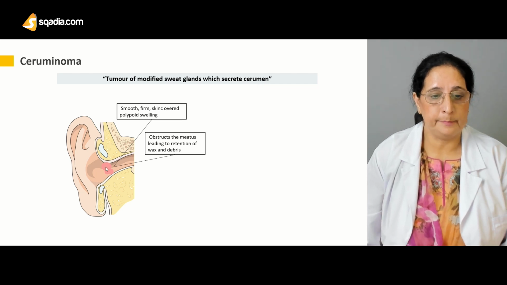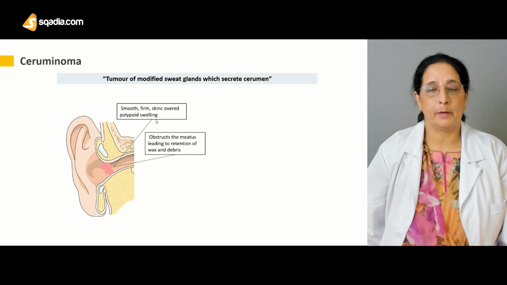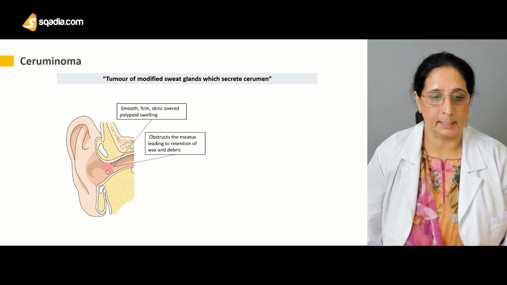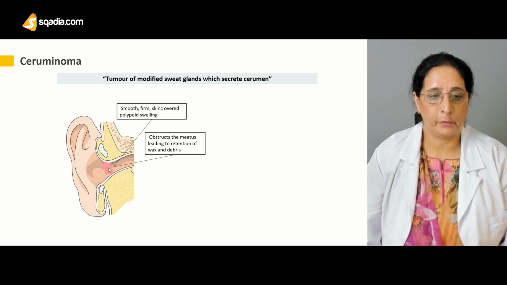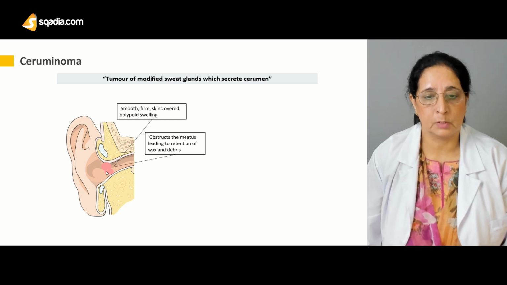Here is the picture showing the ceruminoma, a smooth, skin-covered polypoid swelling. Here you can see it's a polypoid swelling. It's not rounded, it's a polypoid swelling, and it's a smooth skin-covered swelling.